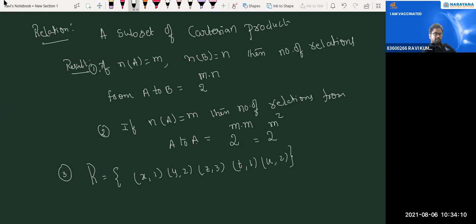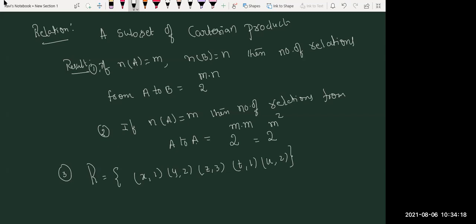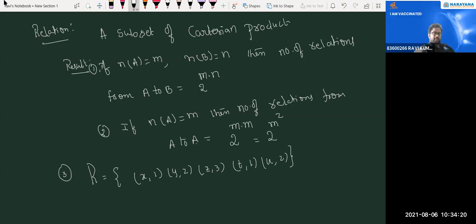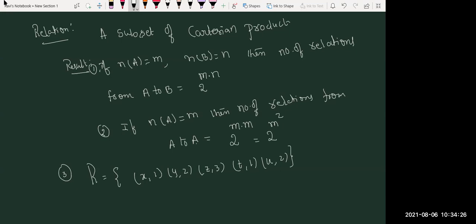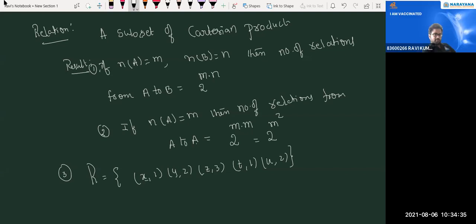If I give relations like this, how many ordered pairs are there here? Count the number of ordered pairs. 5, sir. 5 ordered pairs. In all the 5 ordered pairs, what are the first numbers? X, Y, Z, T, U. Yes, all the first numbers.